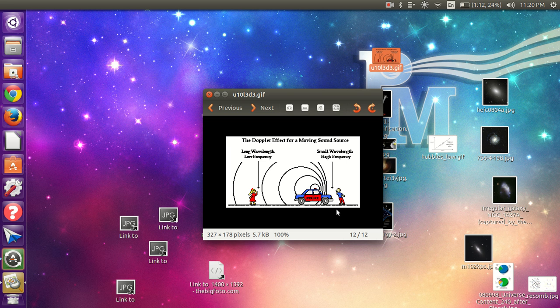The question that you have right now is, what does a siren have to do with a distant star? The answer is that the light behaves the same way that the siren does. Instead of the sound changing, though, the color of the light from an object changes by a very small amount, depending on whether the object is moving closer to us or farther away from us.